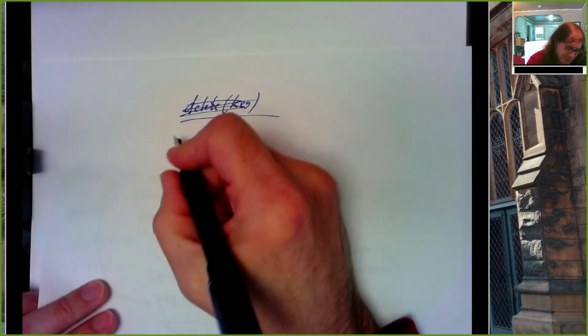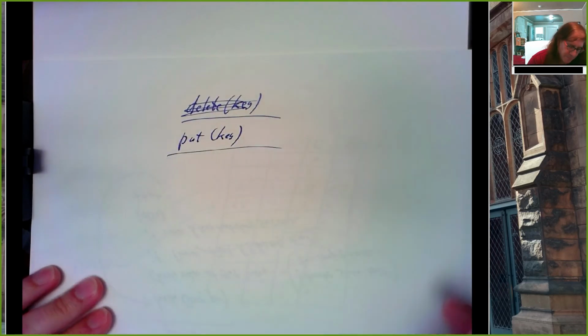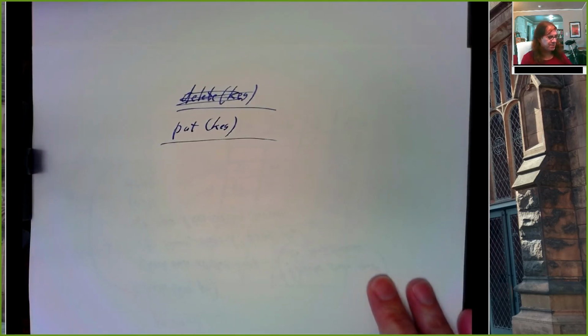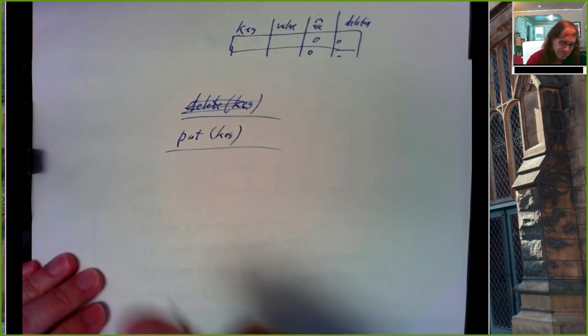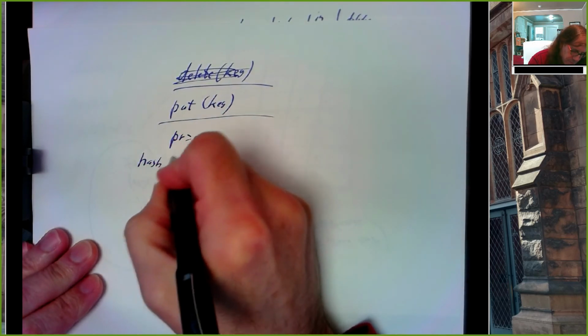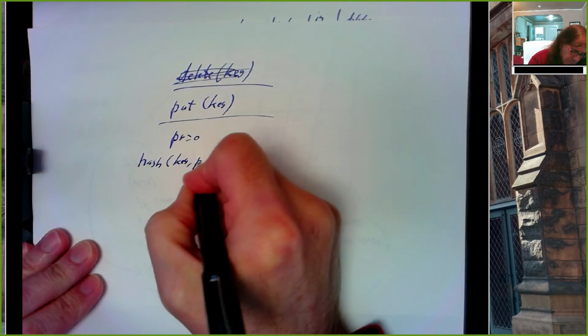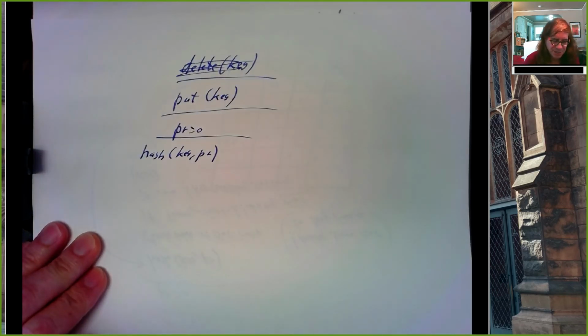So when we want to put something, we're going to do the same thing as we've been doing before. Start off with a probe of 0, hash your key with that probe.